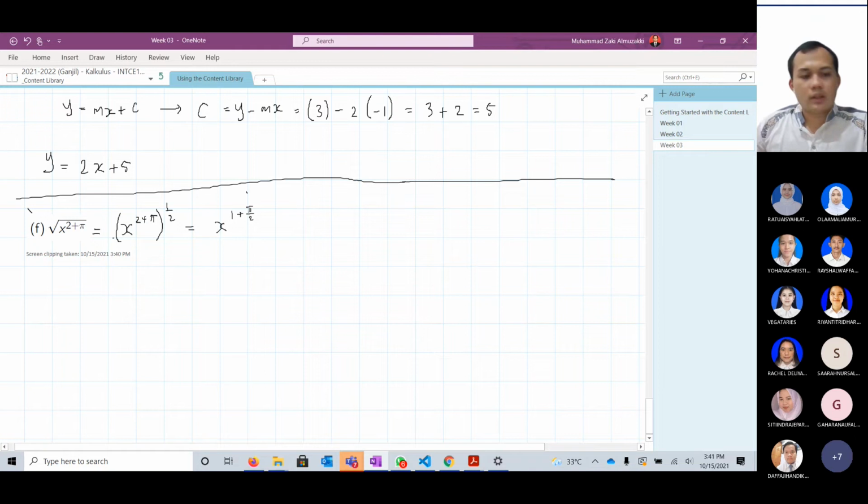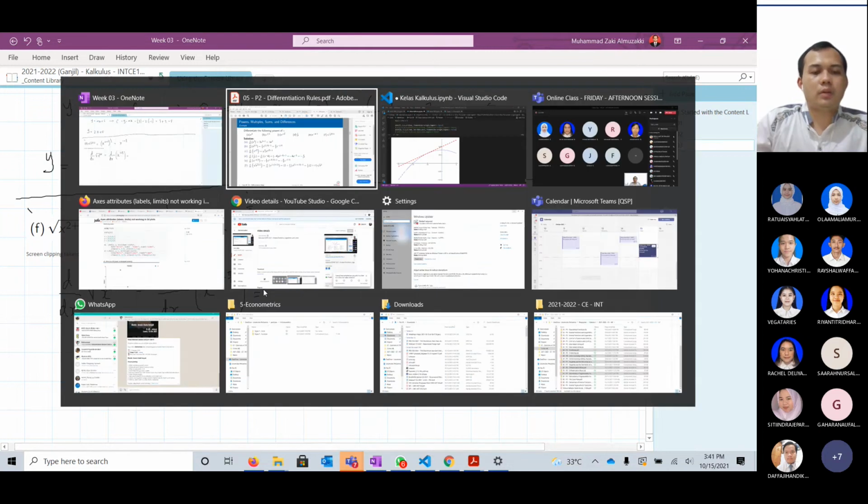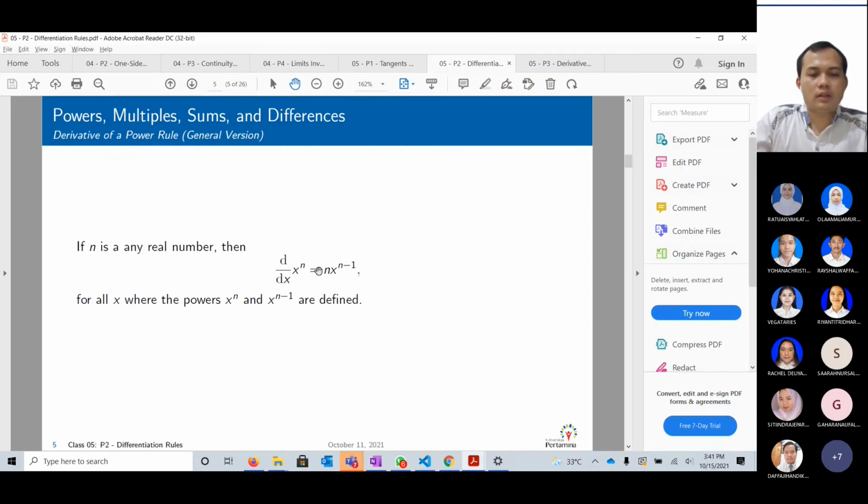Yes, sir. Jelas. Now we want to find the derivative over x of square root of x power 2 plus pi. We have the derivative of x power 1 plus pi over 2, which means that we can use the power rule here.